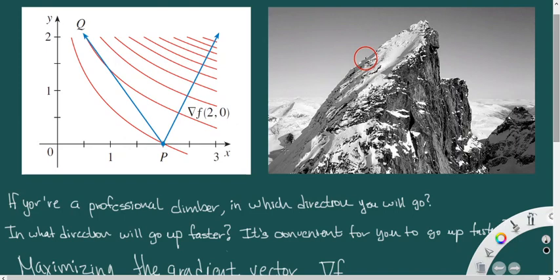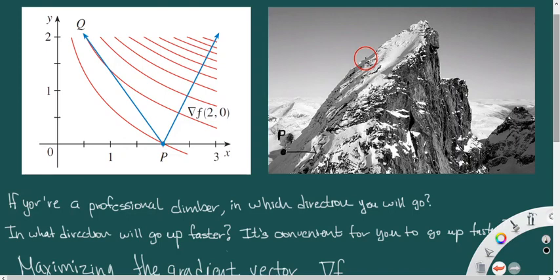If you are here and let's say this is point P and this is your starting point, and you want to know how to go faster, will you need to go in this direction?